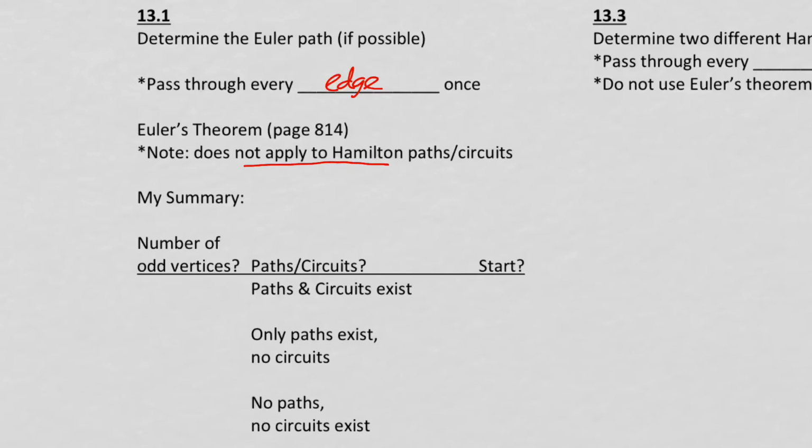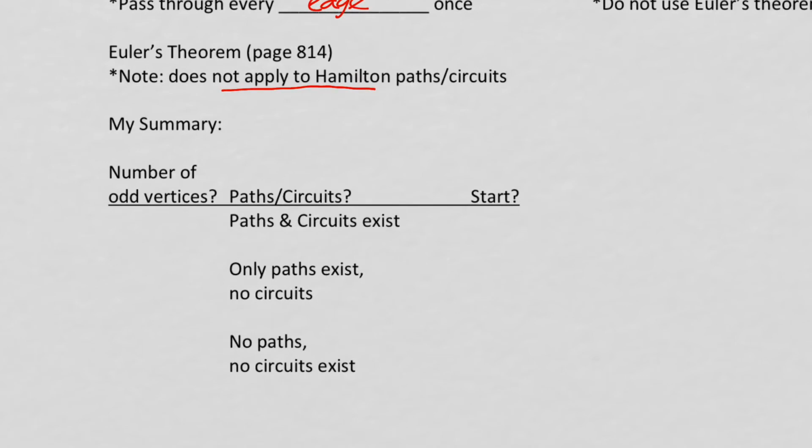And so the summary of the theorem on page 814, or my summary I should say, is basically how many odd vertices does the graph have. If it has 0, then you have paths and circuits that exist, and basically you can start anywhere, any vertex.